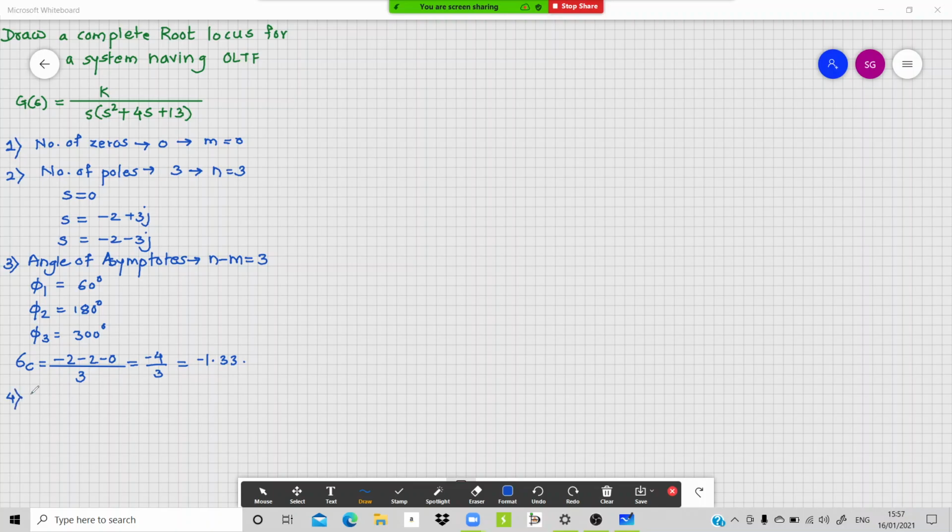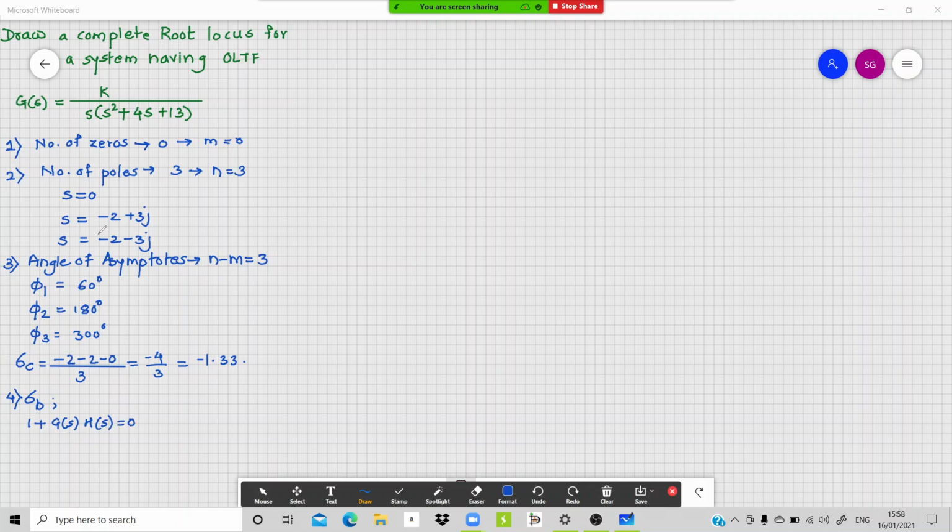Then the fourth one is what? The breakaway point, sigma b. Sigma b, how are we supposed to get it? We know the value of k over here, right? That is, see, 1 plus G(s)H(s) is equal to 0.